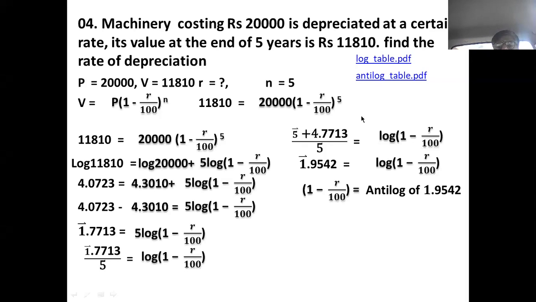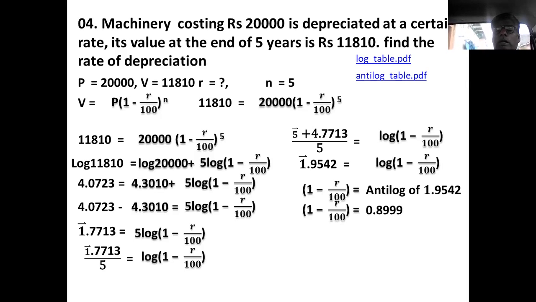You remember here. Bar 1.95 is here. Then if you put the value, its value is 1 minus r by 100 is equal to 0.8999.